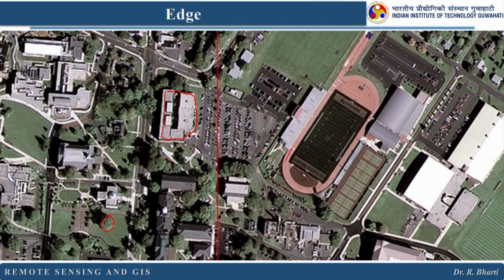This is a stadium. All these things we can easily count or compute the area of. Why? Because we are able to perceive the edges. In visual analysis, it is very easy when your data is of high resolution. High resolution means high spatial resolution I am talking about, right?